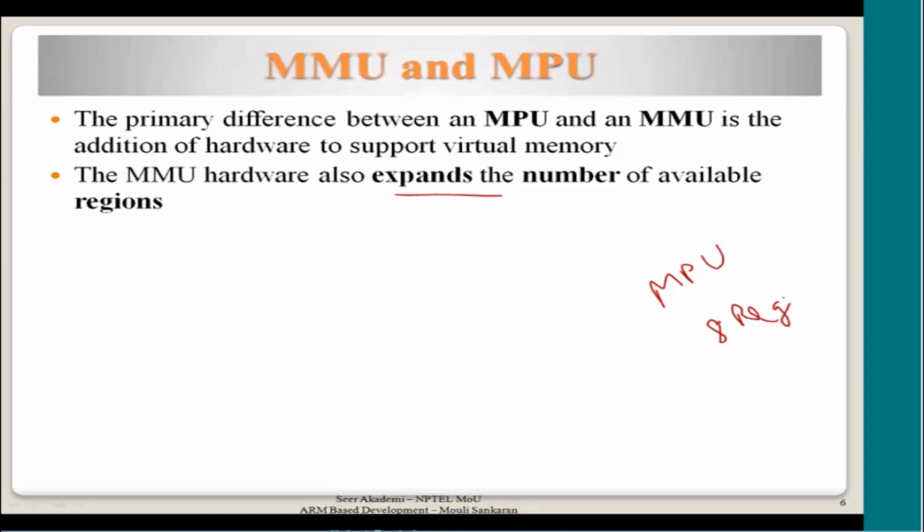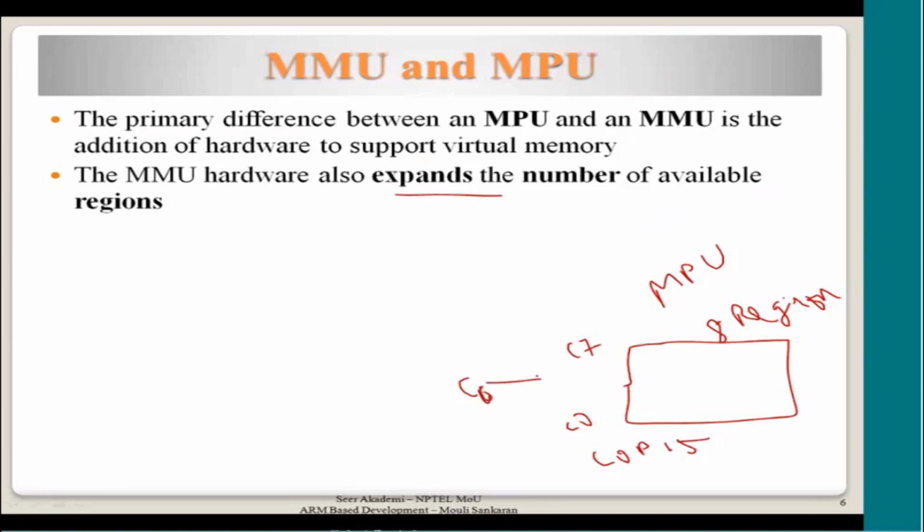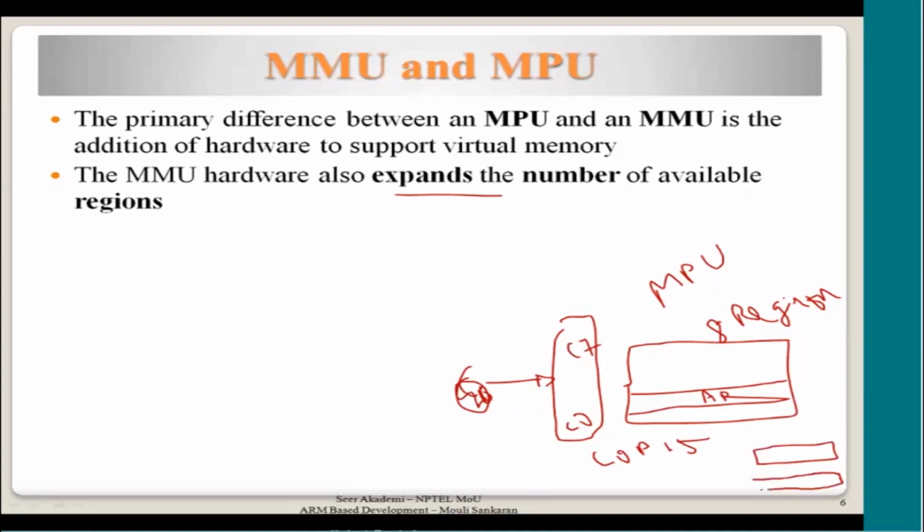The limitation came because it maintained C0 to C7, the secondary registers of coprocessor 15, and there were only 8 registers, each holding information about the access permission, the write buffer, and another register to manage the cache and the write buffer.